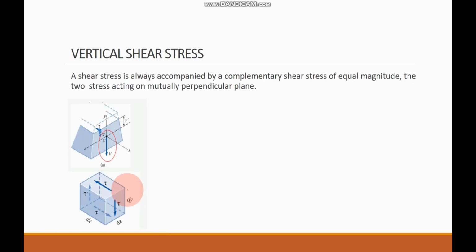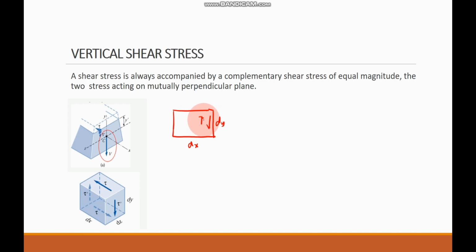So we have here a small portion of our beam. So, i-drawing lang natin yung stresses niya. So, let us draw the stresses. So, the stress diagram will look like this. So, we have here dy and dx. And then, we have a vertical shear stress.